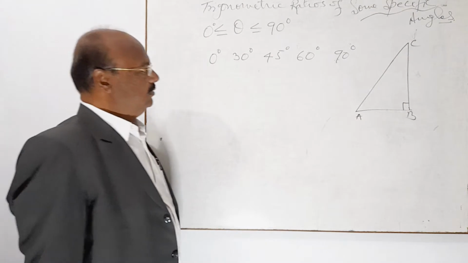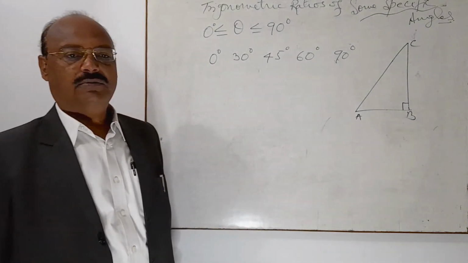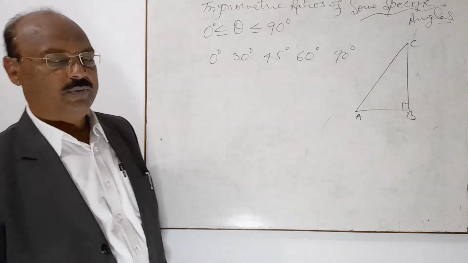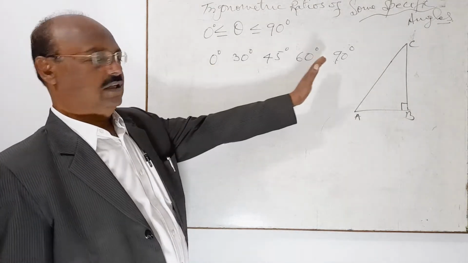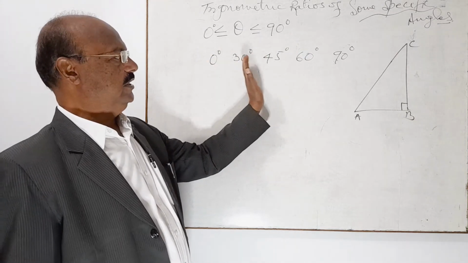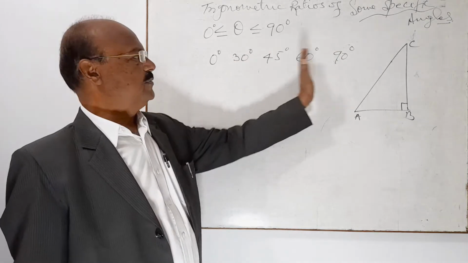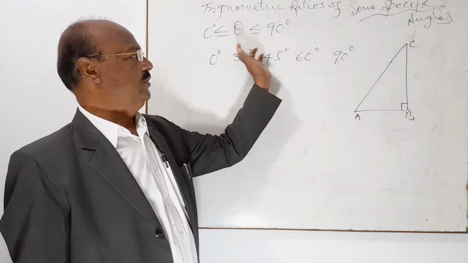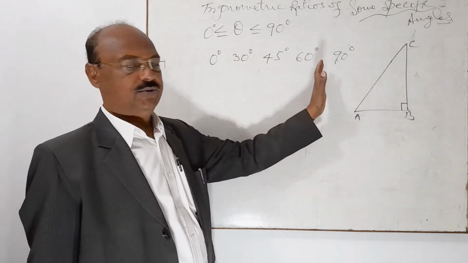First of all, we'll try to understand what the values of all the 6 trigonometrical ratios are with respect to these angles: 0 degree, 30 degree, 45 degree, 60 degree and 90 degree.